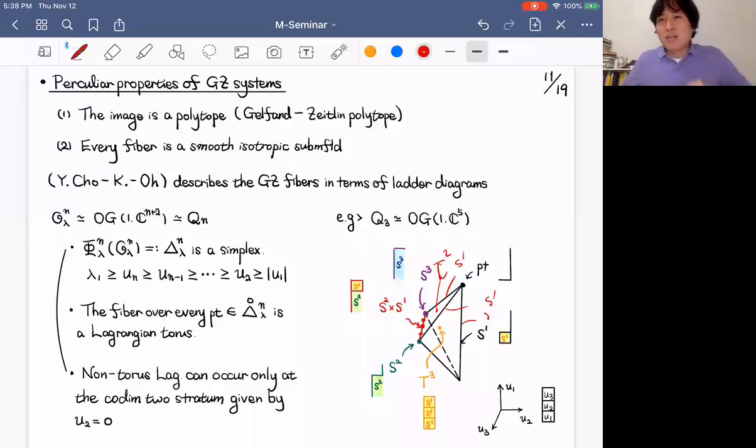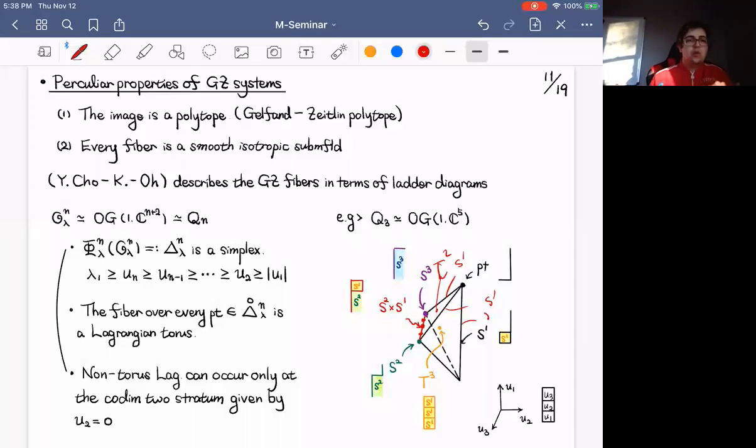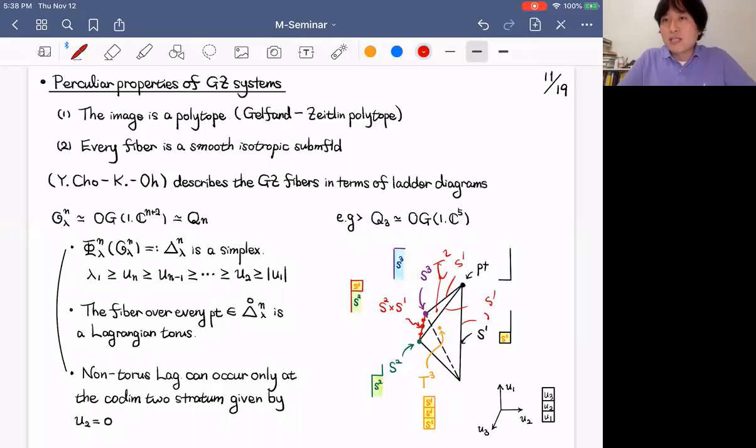I understand you're trying to glue these charts, but I was asking: at the level of the Fukaya category, is there an object that generates this extra piece? Do these have the right potential at least? Do they live over zero? Yeah, that's right.